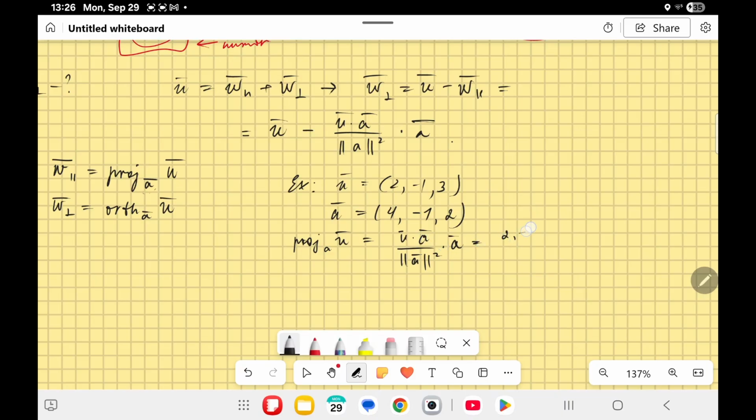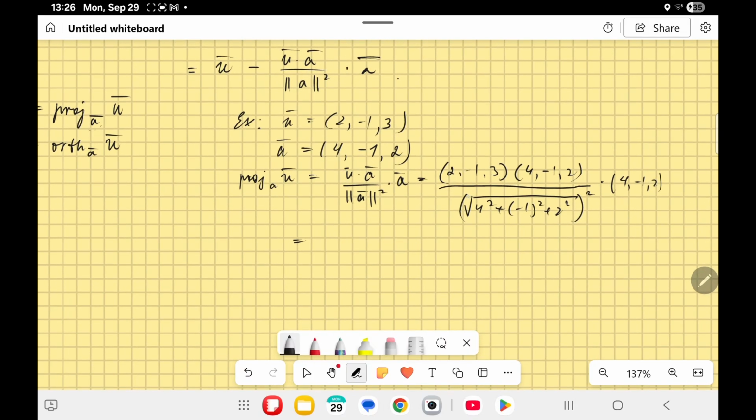So (2, minus 1, 3) dot product (4, minus 1, 2) divided by the square root of 4 squared plus negative 1 squared plus 2 squared, squared, right? And vector A is just a copy of the vector 4, minus 1, 2. Then the only number we need to calculate is this one. We're not going to calculate anything here just because that's just a copy of vector A.